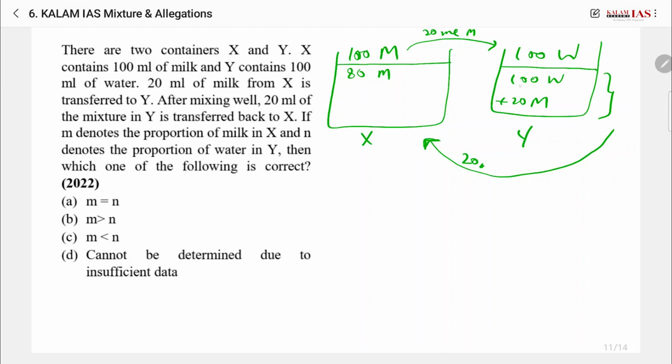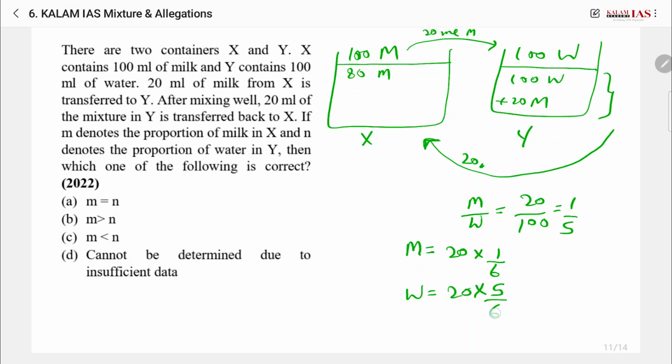Since milk to water in the first scenario is 20 by 100, a 1:5 ratio, if 20 ml is removed, milk removed will be 20 into 1/6. Water removed will be 20 into 5/6, because the ratio between milk and water is 1:5.